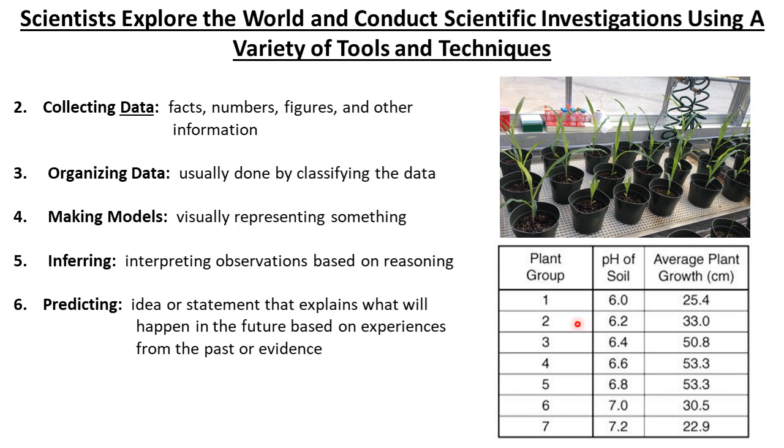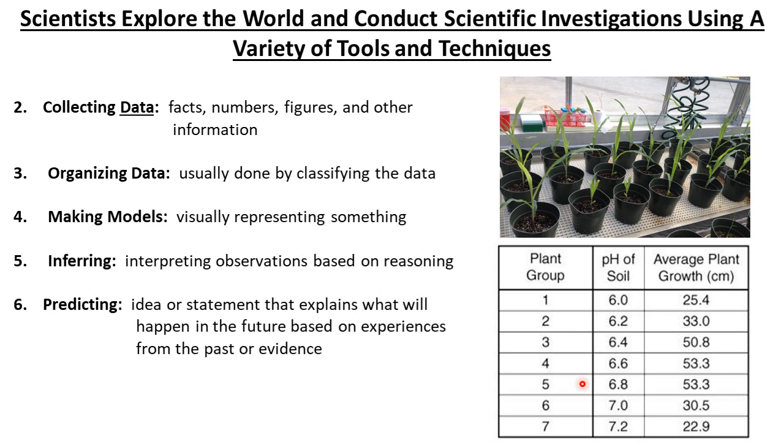For plant group 2, we can see the pH of the soil is 6.2, and we have an average plant growth of 33. For plant group 3, we see we have a pH of 6.4, and the average plant growth is 50.8. Plant group 4, the pH of the soil was 6.6, and wow, look at that, our average plant growth is now up to 53.3.